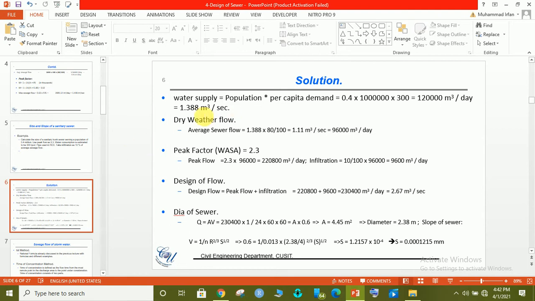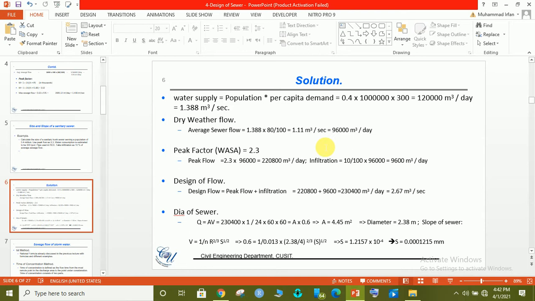So the water supply to this community of 0.4 million population is 1.388 meter cube per second. Then the dry weather flow, the average sewage flow, is 1.388 multiplied by 80 divided by 100, which is 1.11 meter cube per second. What does it mean?